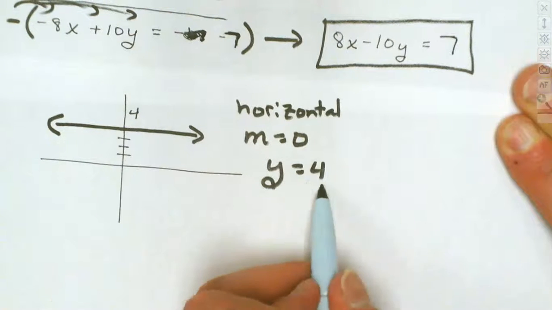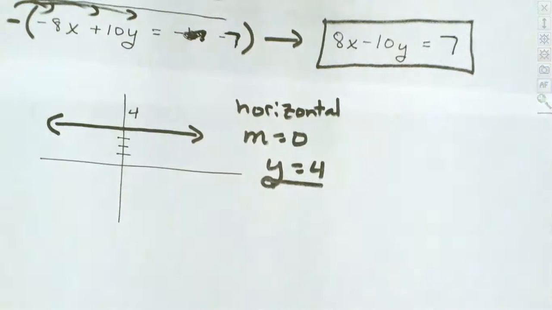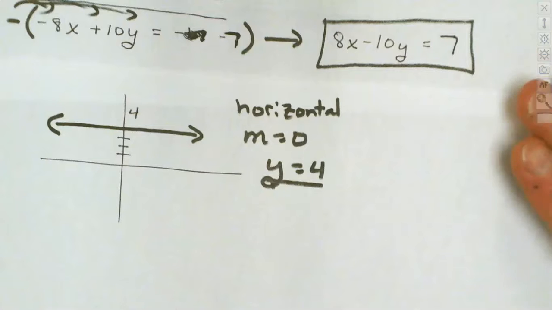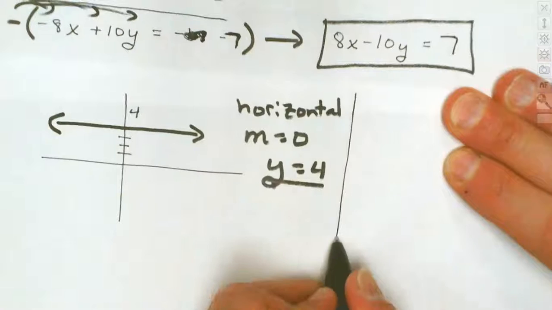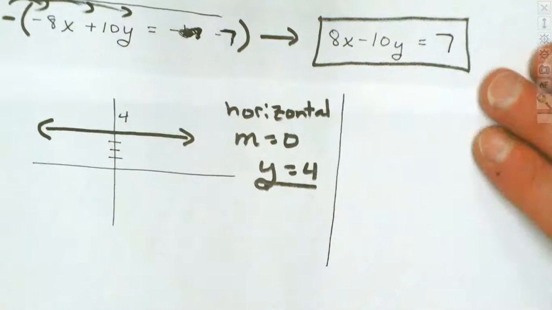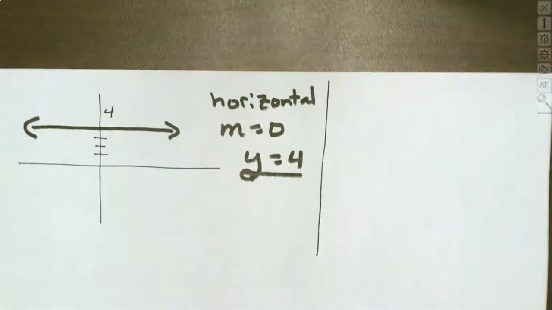So, a horizontal line has a slope of 0, and it is a y-line. Now, what about a vertical line? Well, a vertical line is just going to be the opposite. So let's remember what a vertical line looks like.